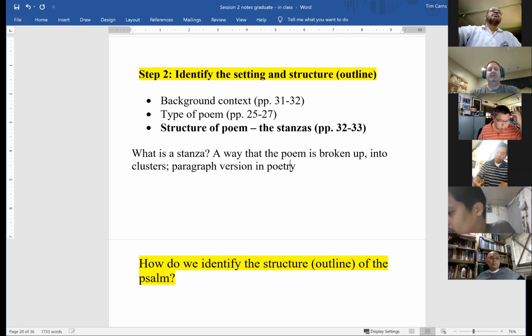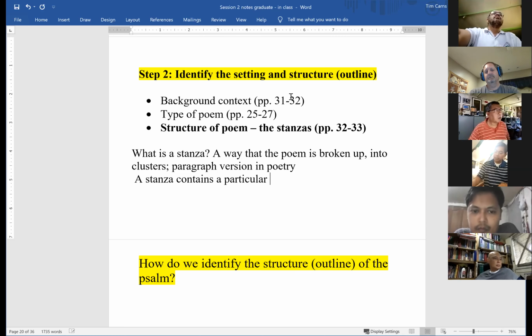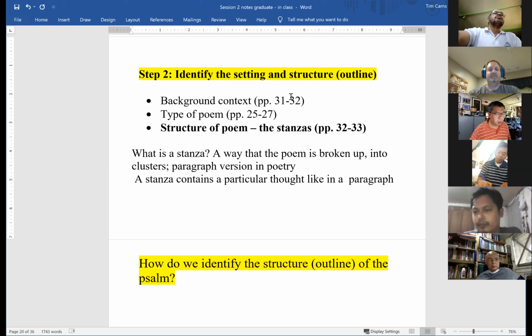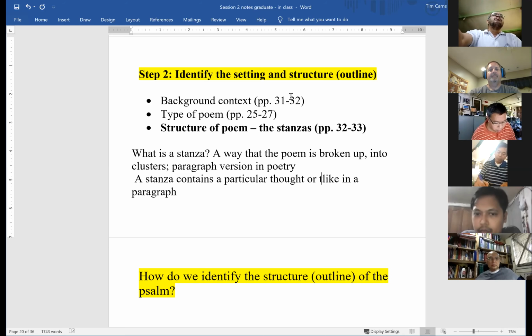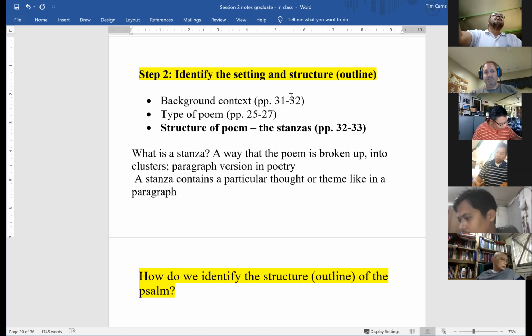And by that I mean that a stanza contains a particular thought, like in a paragraph. There's a particular thought, or maybe we could even say theme, that is the focus of that stanza.